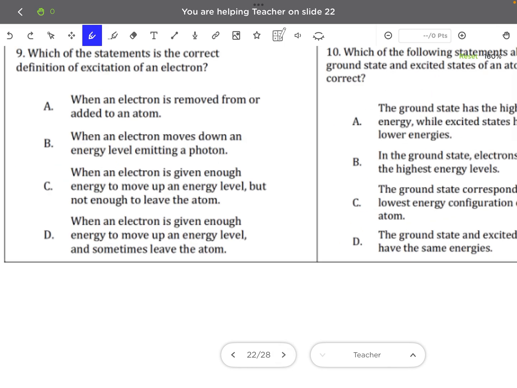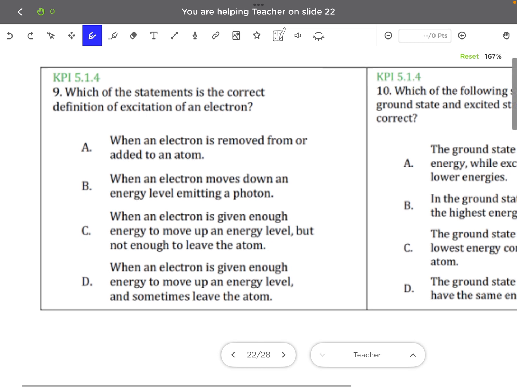Continuing with 5.1, which statement is the correct definition of excitation of an electron? This means when an electron is given enough energy to move up, but not enough to leave.